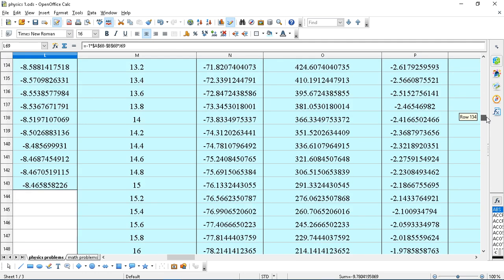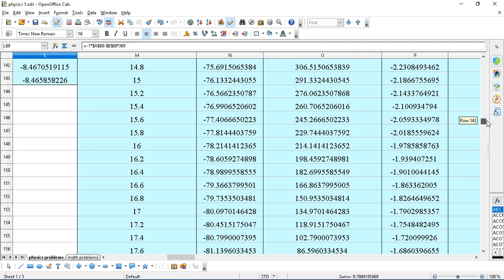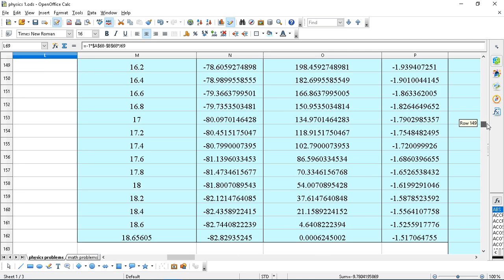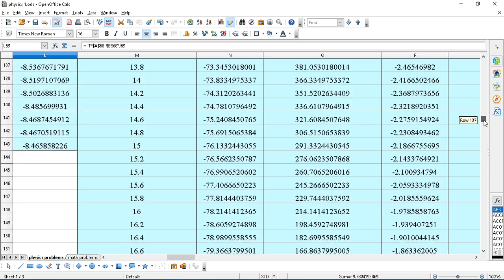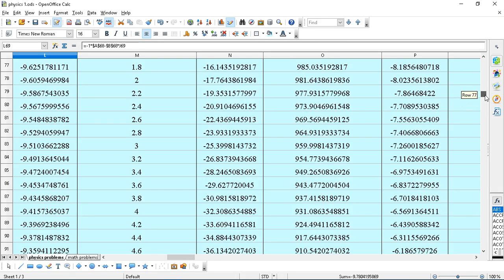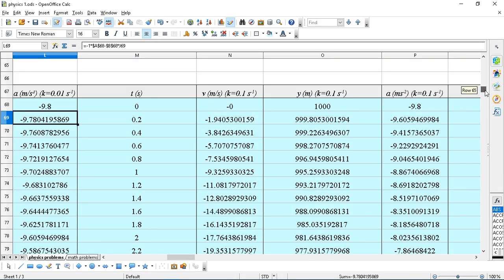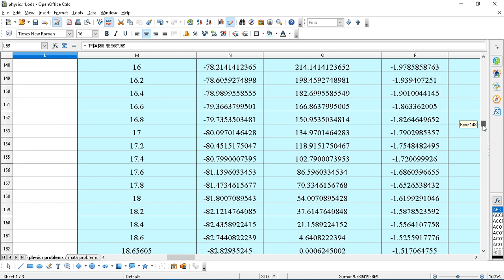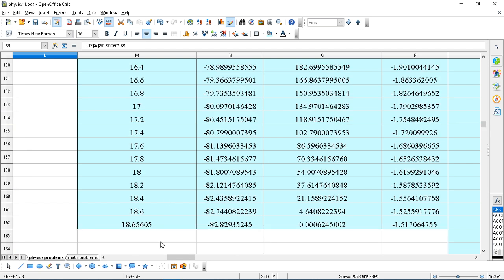The acceleration has a tendency to go from minus 9.8 to minus 1.51, which is not far from 0. And we have that the fall time increases. The values for the velocity increase.